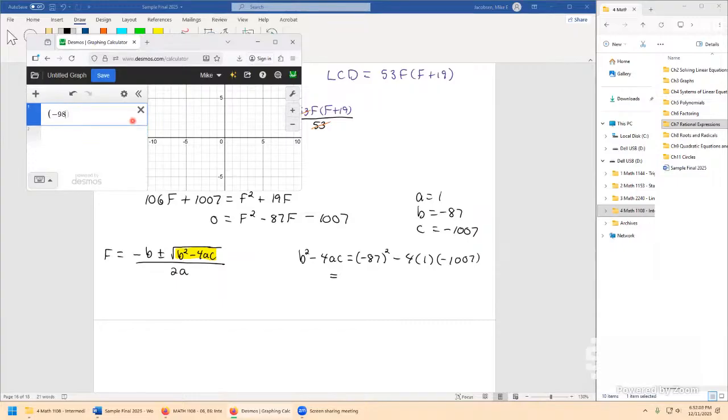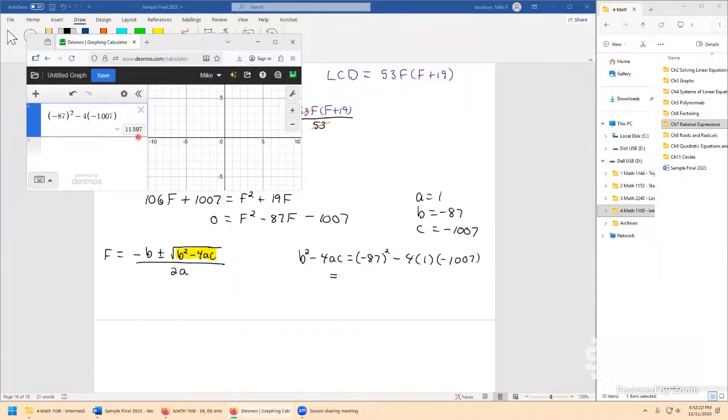So negative 87 squared minus 4 times 1 times negative 1007 gives us this figure, 11,597. So that's a large discriminant.